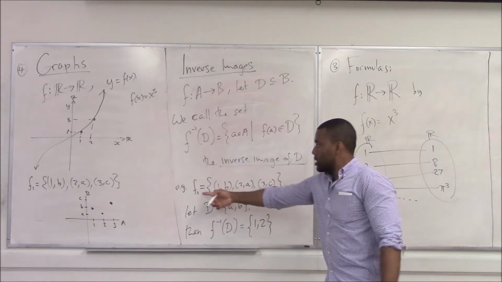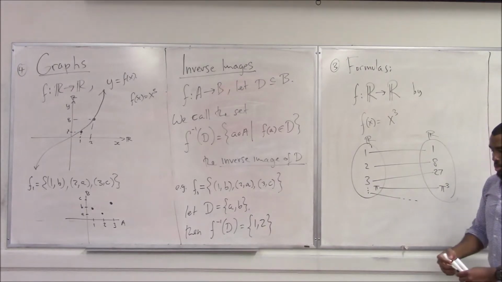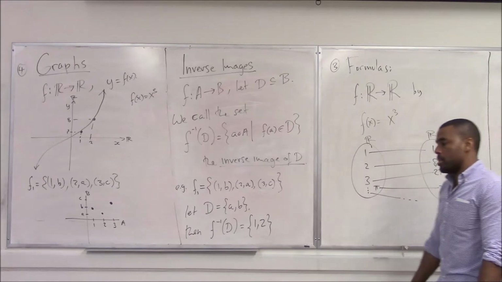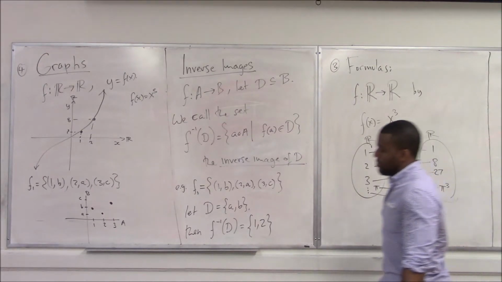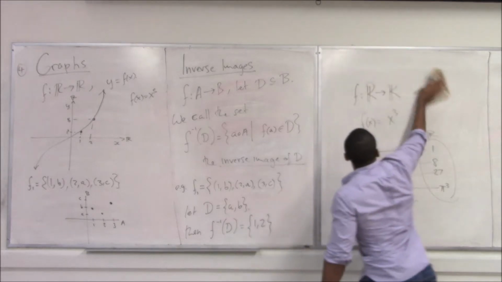Yeah, I'm using the same F1 from way back. These were the elements in A whose outputs were A and B. So that defined the inverse image.